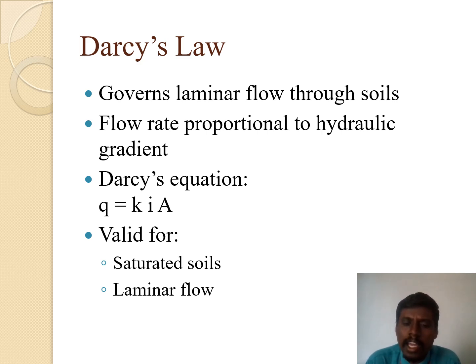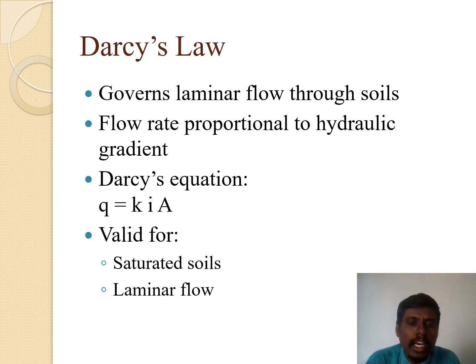Generally the formula is small q, that means discharge, otherwise the rate of flow, equal to k into i into A. Normally the rate of flow is directly proportional to the hydraulic gradient. That is the main law of Darcy. So Darcy's law states that the rate of flow is directly proportional to the hydraulic gradient.